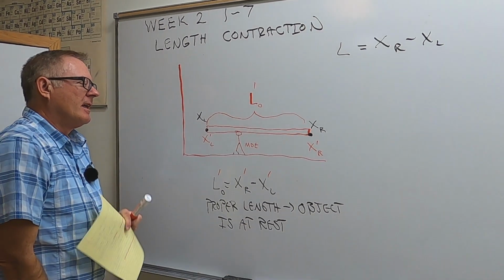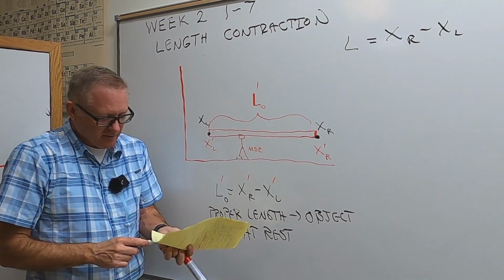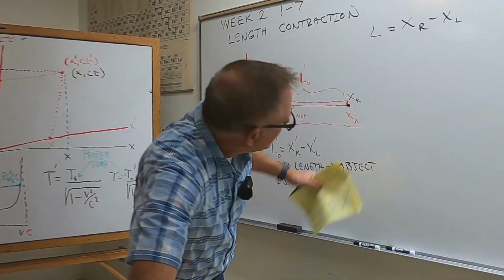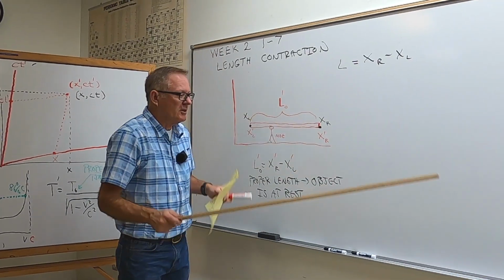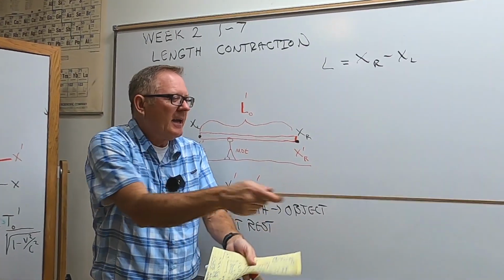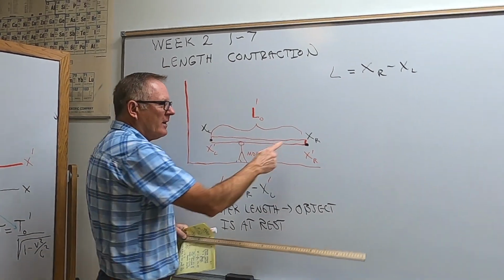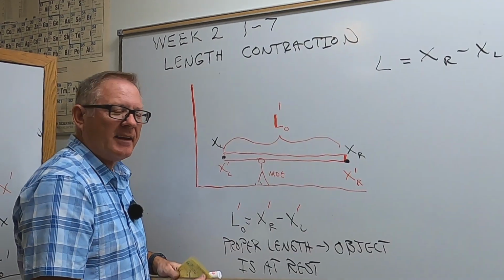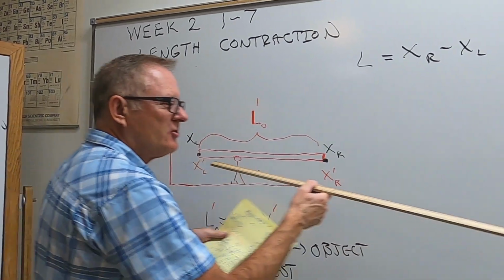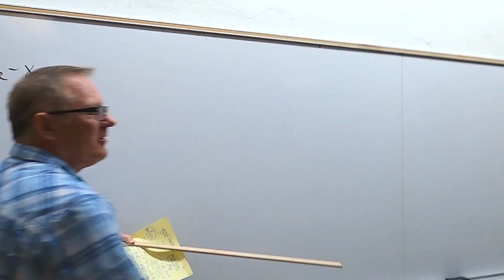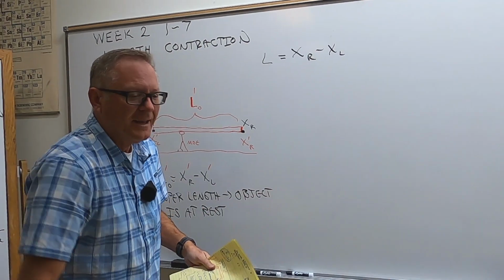Now, the only thing is, if you're going to measure the length of a stick, and you're going to measure this position and that position, and this stick is going by, you can't measure this position now and that position 3 seconds later. You're going to get a distance way too big.